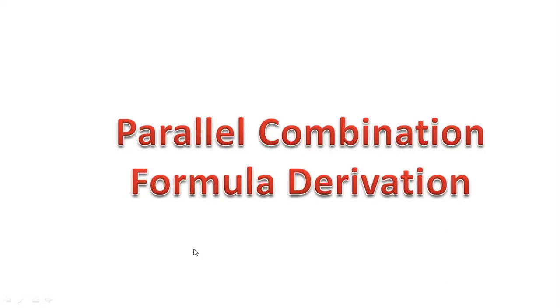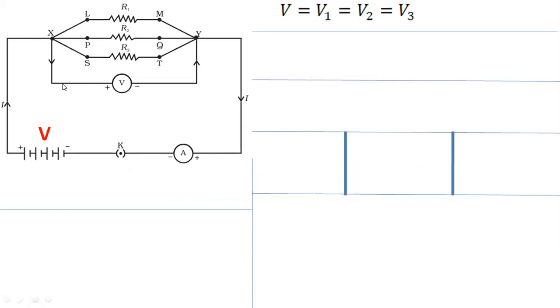So let us have our circuit. This is our circuit, right? That is given in that activity. For us, potential difference is the same. We already have seen that this potential difference is equal to V1, V2 and V3. So this is what is the same in parallel circuits. Now, according to Ohm's law, V is equal to IR. But before that, this current which we started, it got divided into I1, I2 and I3.